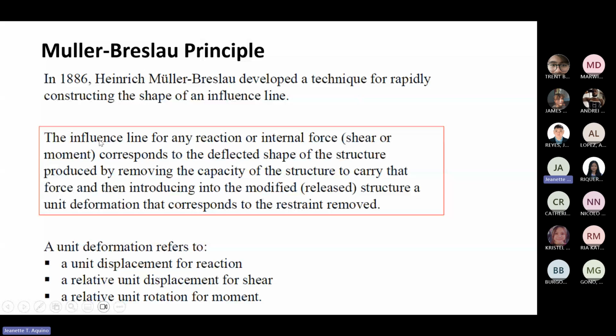The influence line for any reaction or internal force, shear or moment, corresponds to the deflected shape of the structure produced by removing the capacity of the structure to carry that force, and then introducing into the modified released structure a unit deformation that corresponds to the restraint removed. So a unit deformation refers to a unit displacement for reaction, a unit displacement for shear, and a relative unit rotation for moment.